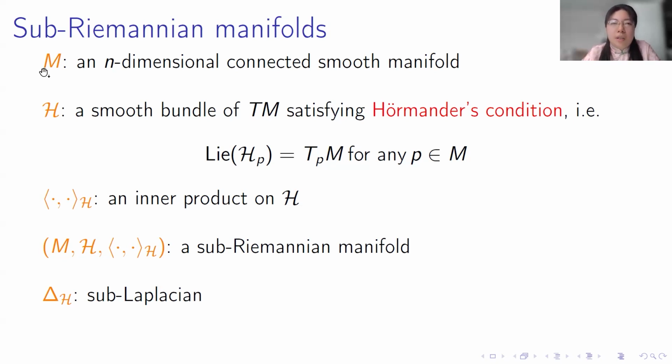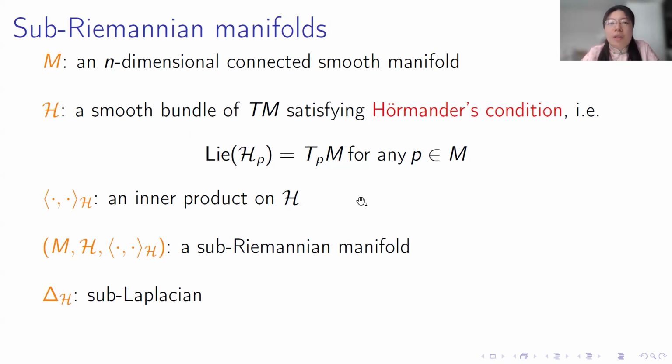As Masha explained, here we consider a sub-Riemannian manifold, a smooth manifold equipped with a sub-bundle, which we call the horizontal distribution, and it satisfies the bracket-generating condition. So finitely many iterated Lie brackets would give you the whole tangent bundle. And this inner product, we call it the sub-Riemannian metric. It's equipped on this horizontal distribution H.